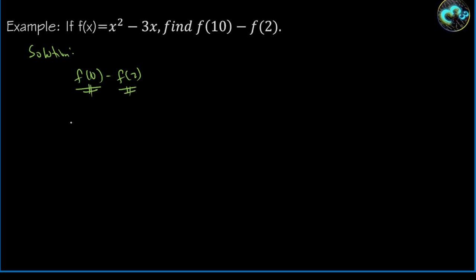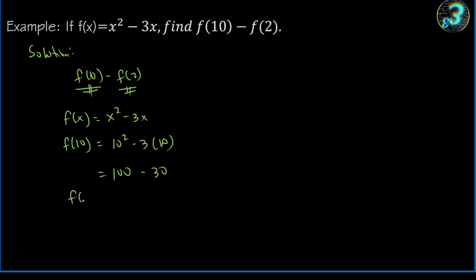Let's solve f of 10 first. f of x is equal to x squared minus 3x, so f of 10 is equal to 10 squared minus 3 times 10. So we have 100 minus 30, and our f of 10 is equal to 70.